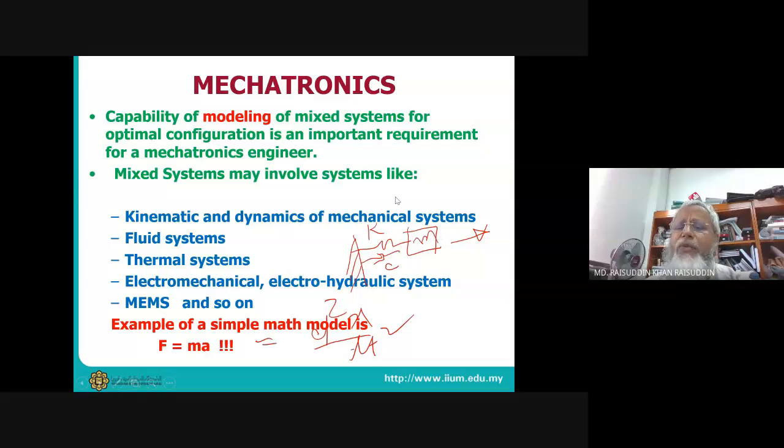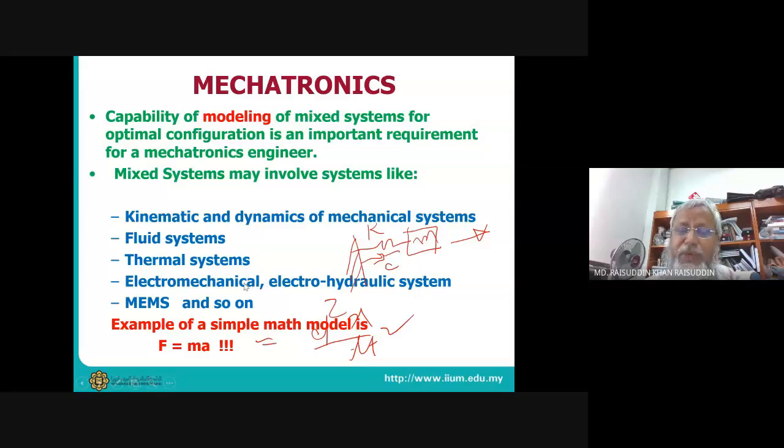And when you go to model, it's not simply a mechanical system. Mixed systems may be involved. In one system, there are multiple elements, and they can be fluid systems, thermal systems, electromechanical systems, like the video I just showed. You can see in that model, we need all these things. We have the heating, so we have the thermal system, we have liquid material flowing, so we have the fluid system, we have the mechanical links moving, so we have the mechanical system, and we have the electrical motors.